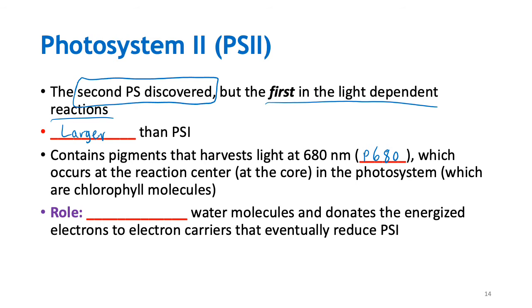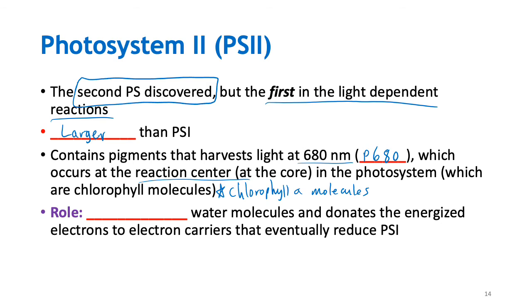Okay, so at 680 nanometers, a reaction occurs at the core of the photosystem, and the light-harvesting molecules there in the center are some specialized chlorophyll A molecules. Now I told you chlorophyll B and these other carotenoids play a supporting role of guiding the light there.